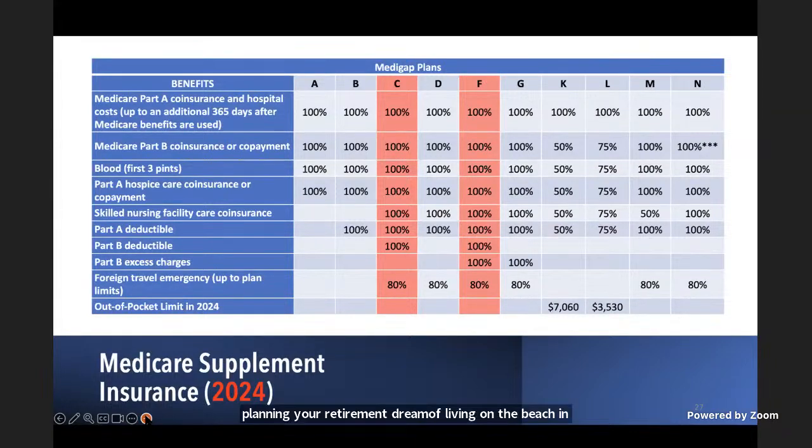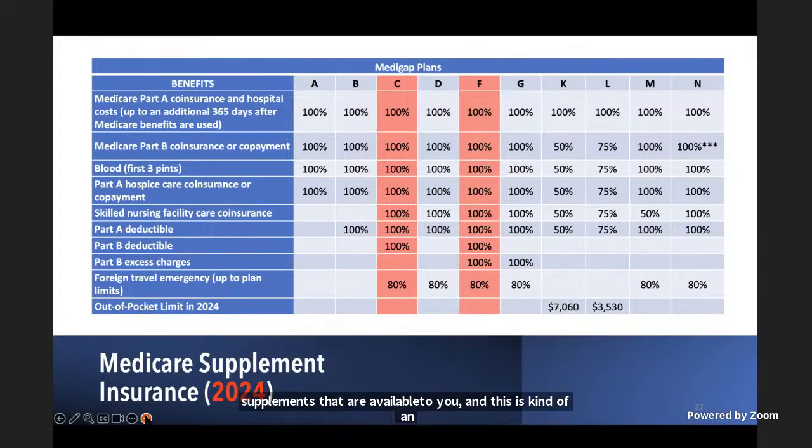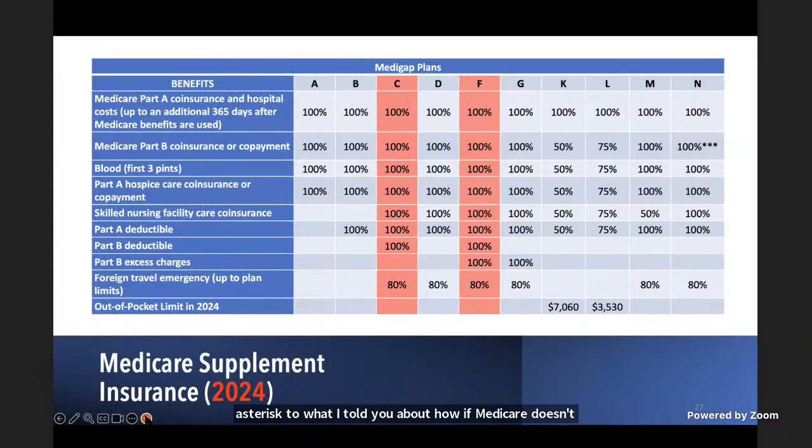But some of the supplements that are available to you, and this is kind of an asterisk to what I told you about how if Medicare doesn't pay, your supplement isn't going to pay. This is an exception. Some supplements do provide coverage for foreign travel emergencies.